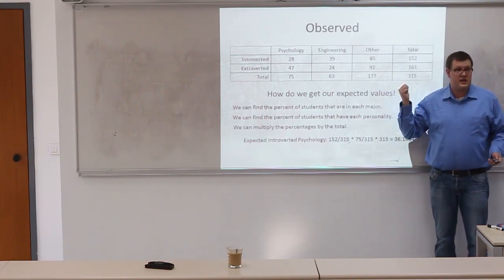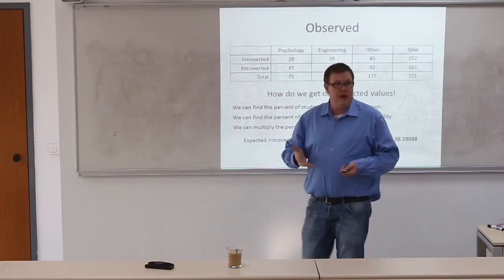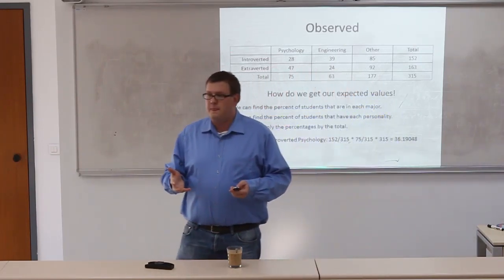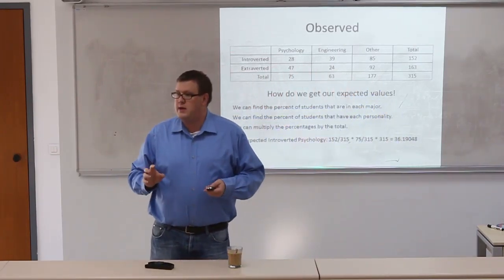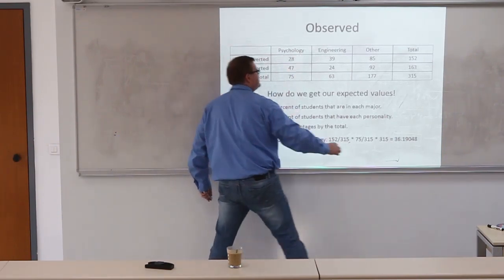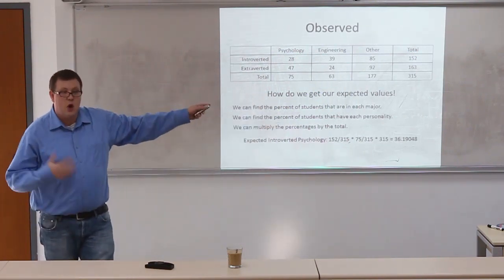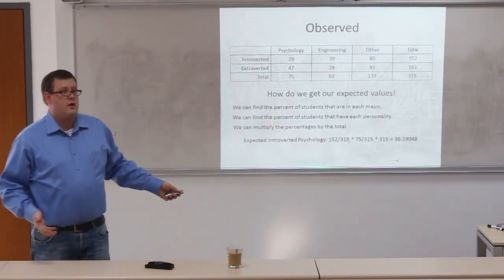We're going to test to see if they're independent. That's what the chi-square test is about. The null hypothesis is that the variables are independent. So since we're assuming independence, that's why we can multiply this one by that one, and then multiply by the total.